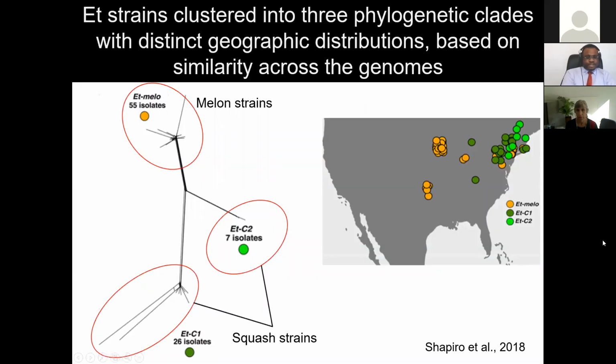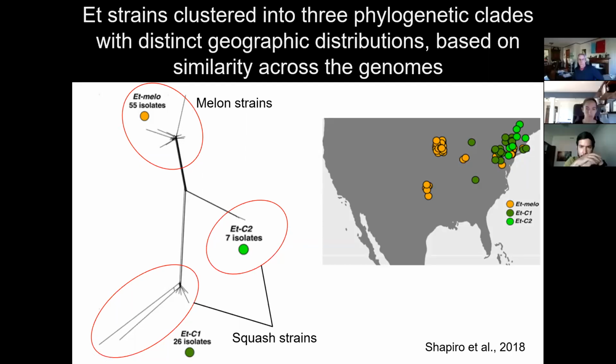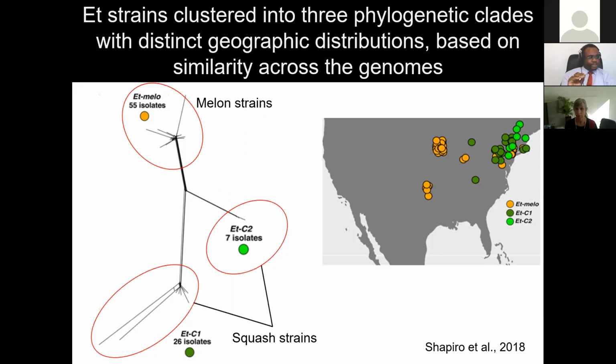And surprisingly, all the strains in this study were located in only one region of the world, the United States and southern Canada. Among these, the Et-melo strains are the most broadly distributed, as they cover the entire range. But the Et-C1 strains only occupy the eastern part of this range.